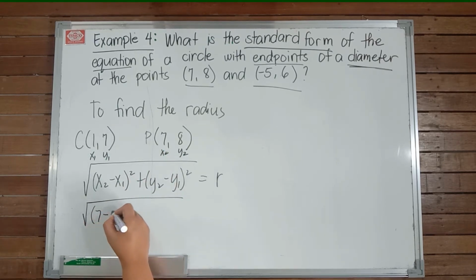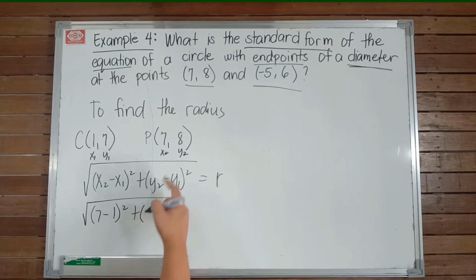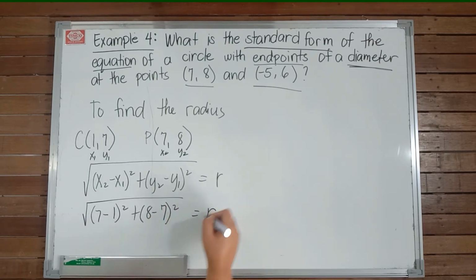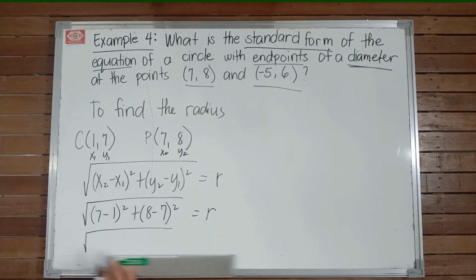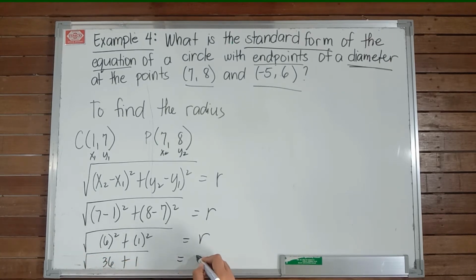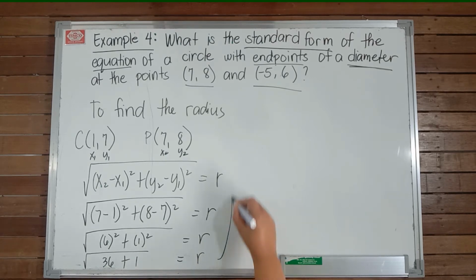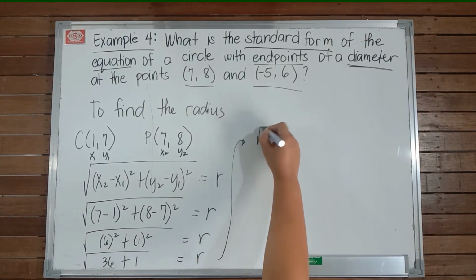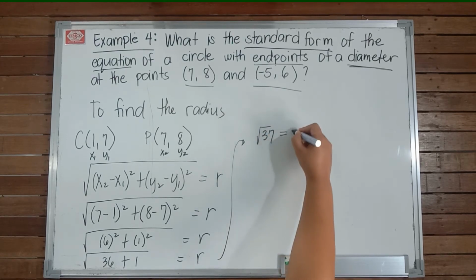Our x sub 2 is 7 minus 1 plus 8 minus 7 squared equals r. So, 7 minus 1 is 6. 6 squared plus 8 minus 7 is 1 squared equals r. So, squaring, 6 times 6 is 36 plus 1 equals r. So, 36 plus 1, we have square root of 37 is our radius.